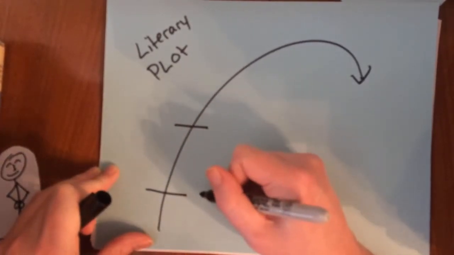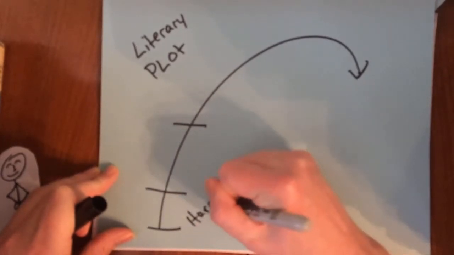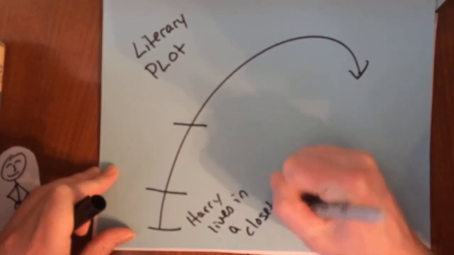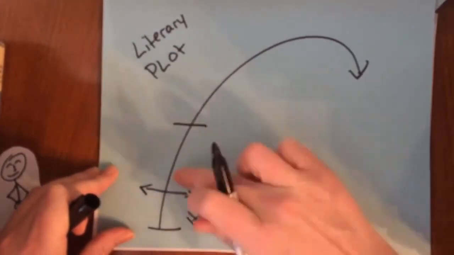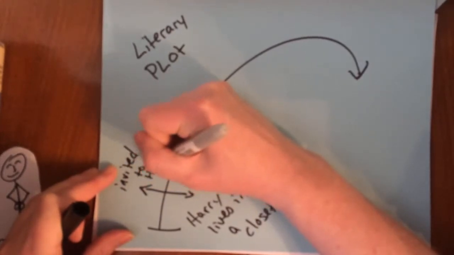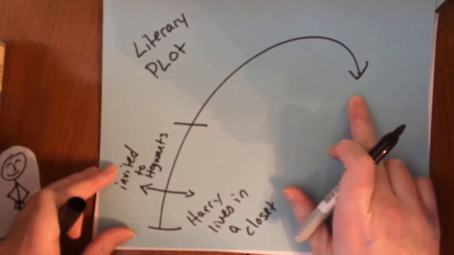For instance, if we were doing Harry Potter, we would say at the beginning, Harry lives in a closet. And then there's the part where we're escalating and he gets invited to Hogwarts. So plot the plot line of one of these famous films or episodes.